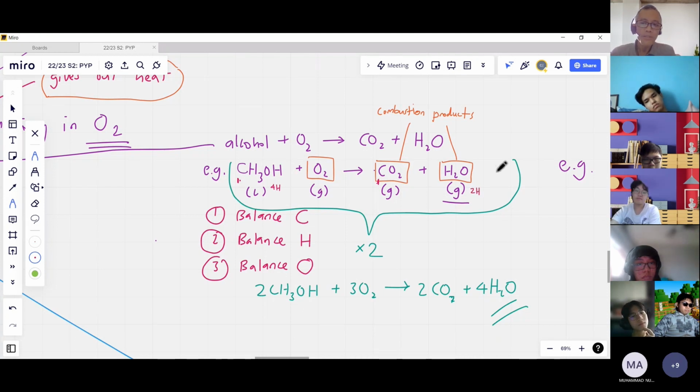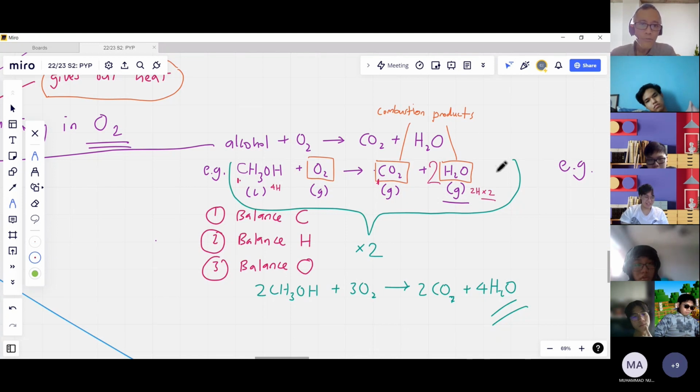The simple way to address this imbalance is to multiply here by 2. 4 here, I have 2 here, so multiply by 2 and I get 4. Make sure you put a big 2 in front. Next, try to remember oxygen is the last to balance.